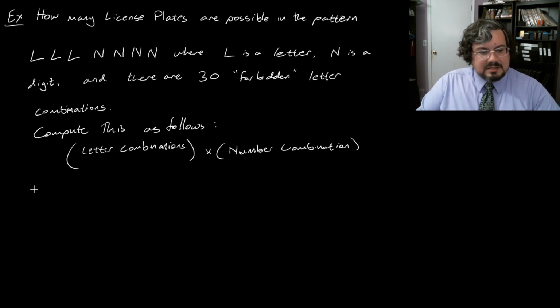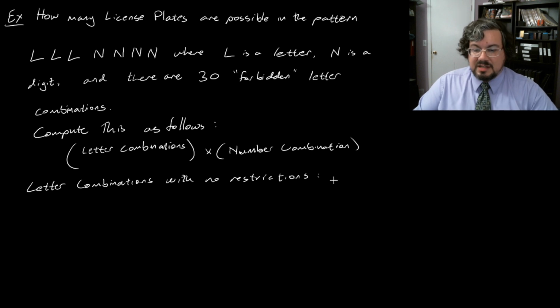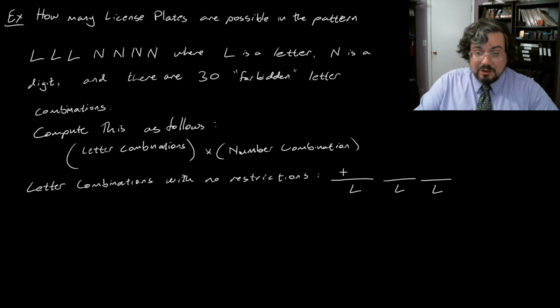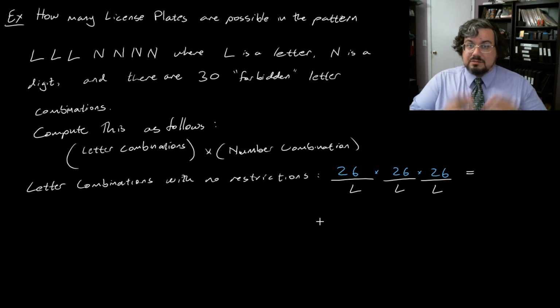So let's consider the letter combinations. If we looked at the letter combinations with no restrictions, if we just allowed all of the letter combinations that we could possibly have, then by the sequential counting principle, there would indeed be 26 times 26 times 26 different letter combinations.